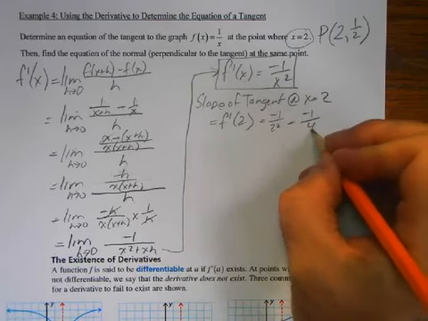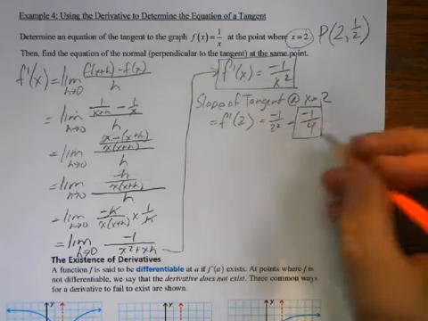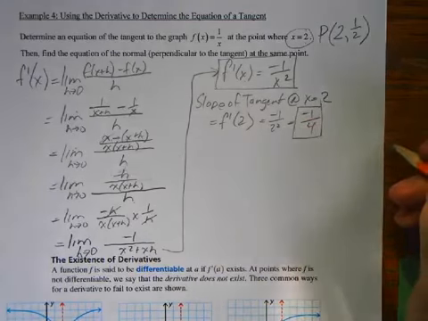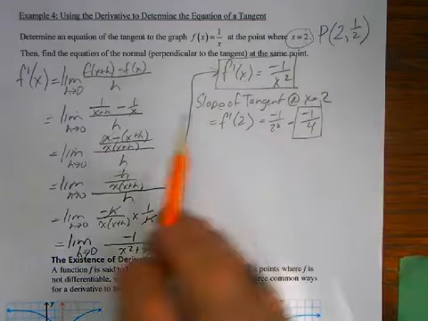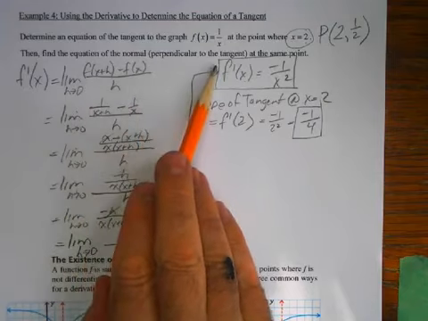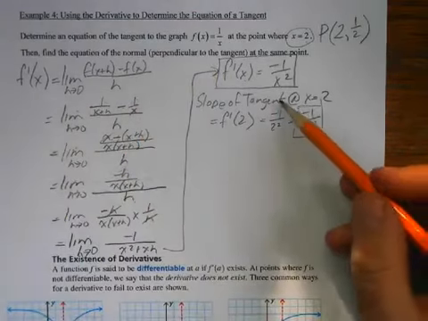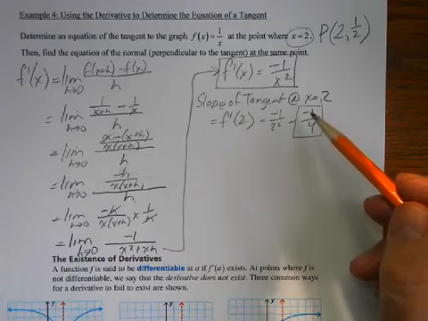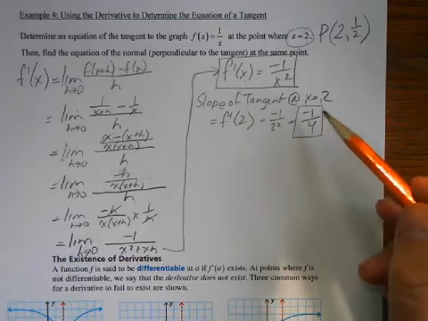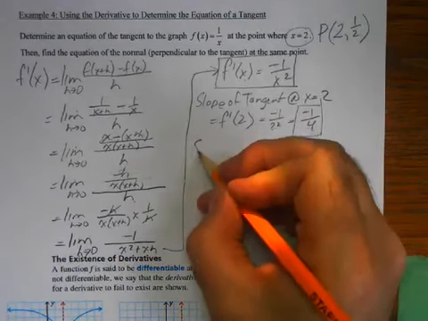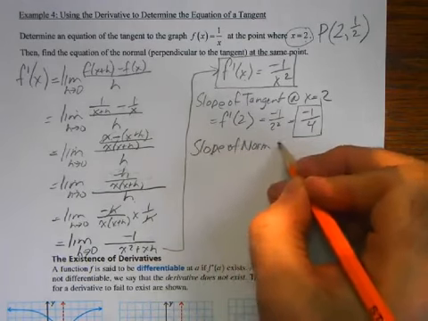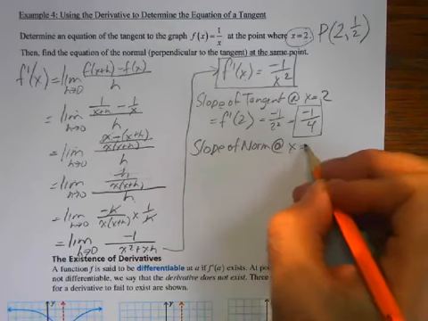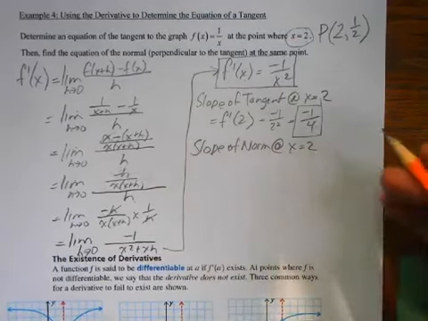So now, what's it asking us again? It's asking for the equation of the normal. Okay, so I don't need the equation of the tangent. What I do need is the slope of the normal at x equals 2, and that's just the negative reciprocal.